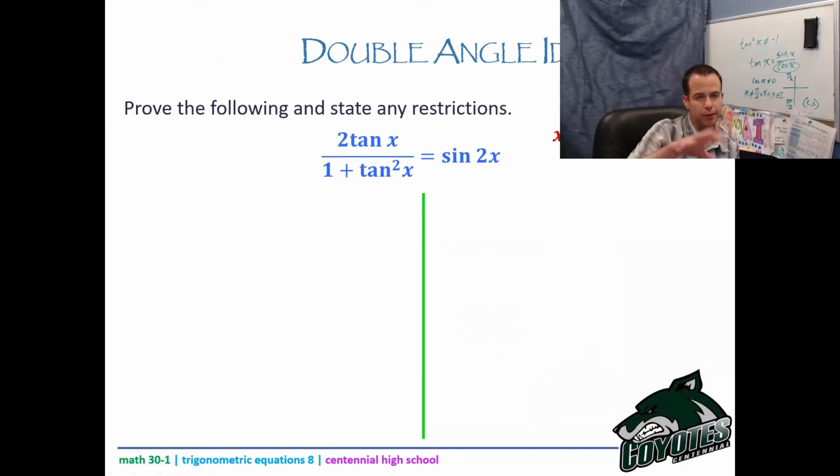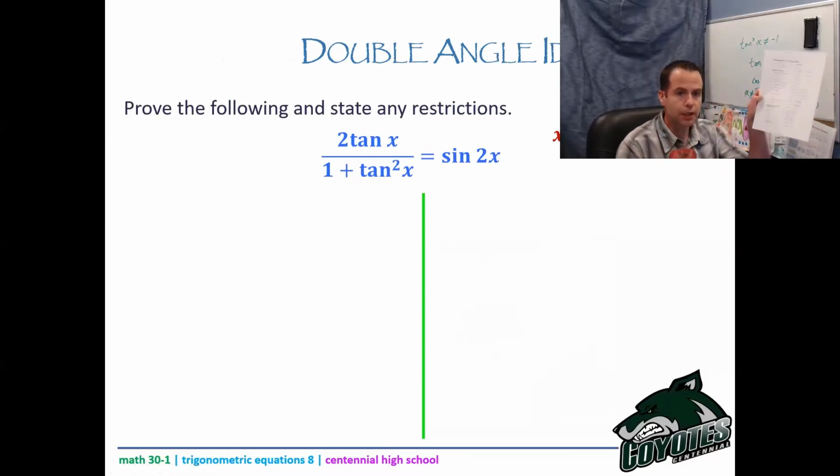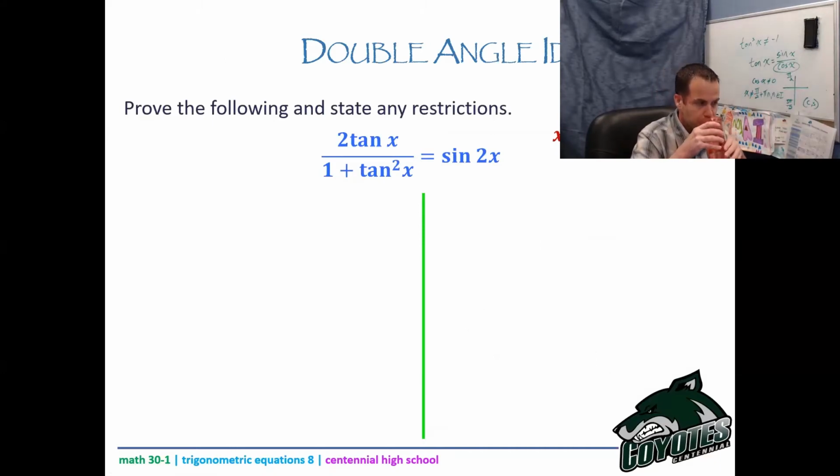So now, how am I going to solve this? Remember, I got to work on the left side, I got to work on the right side, do it simultaneously, just never cross sides. So I see the sine of 2x, and I'm thinking, okay, sine of 2x, I know right off the bat, that's right on my formula sheet. For the most part, you never want to deal with a double angle. You always want to try and get rid of the double angle, okay?